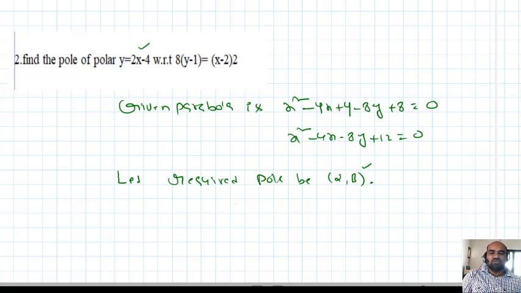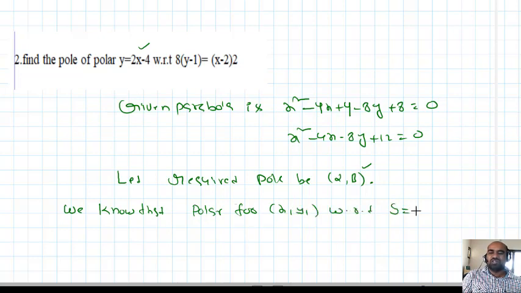We know that the polar for (x1, y1) with respect to S equal to 0 is S1 equal to 0. Here x1 and y1 act just like alpha and beta.